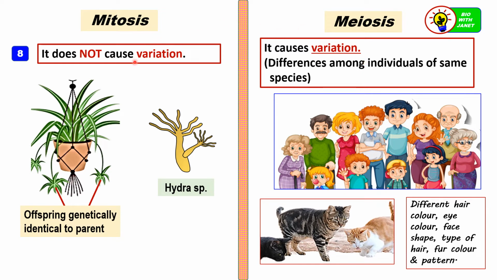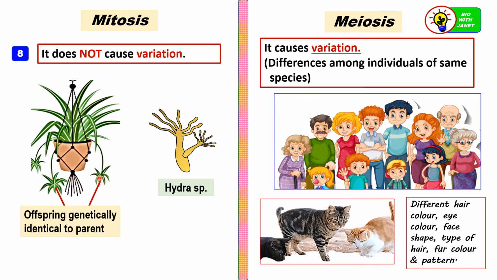Let's start with mitosis first. It does not cause variation to occur. So if the offspring is formed through mitosis, they are genetically like the parents. So there are no differences, so there's no variation. For example, this plant produces new offspring or plantlets through the cell division called mitosis.